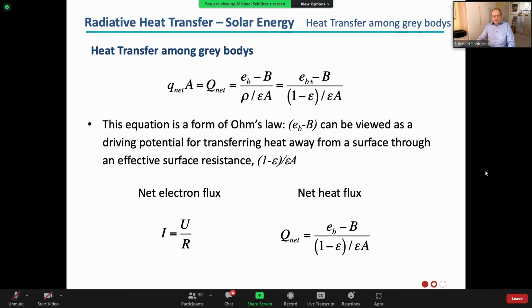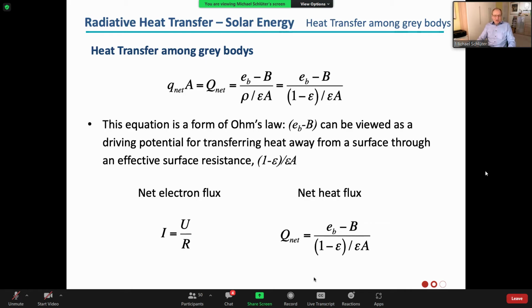And the potential here is the emission of the black body minus the radiosity. And here we have as potential the potential for current. And here we have the resistance given by the gray body approximation, these epsilon. And here we have the R as the resistance against the current.